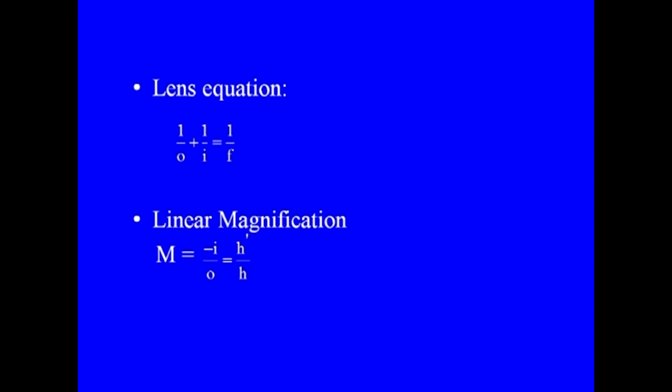Linear magnification, which is the magnification obtained, is given by either I/O. Now, here I will be negative, and the negative sign indicates that an inverted image is being formed. Or it can be given by the ratio of the height of the image to the height of the object. That can also be used for determining the magnification.